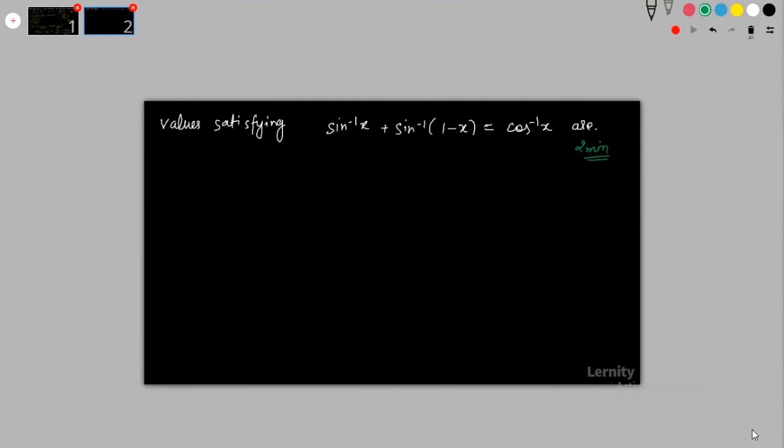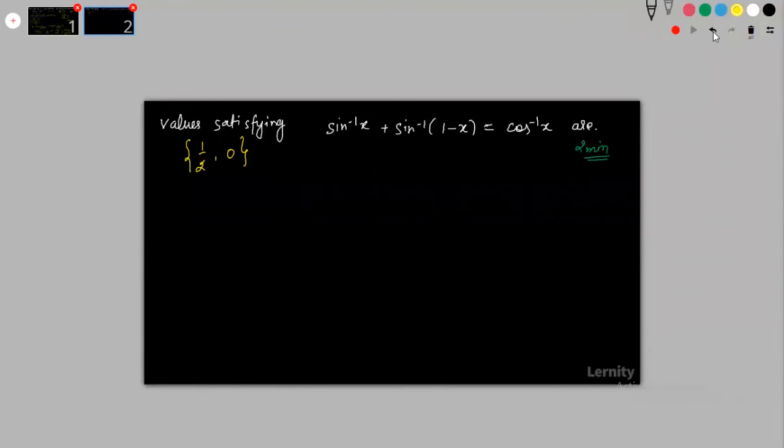Yes, correct. So you will get two different values. There are two values which will be satisfied. First is 1 by 2, comma 0. These two values can be taken by x.